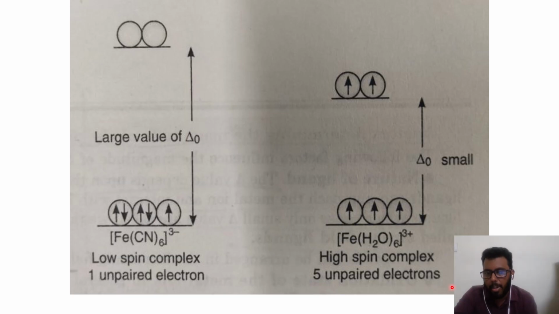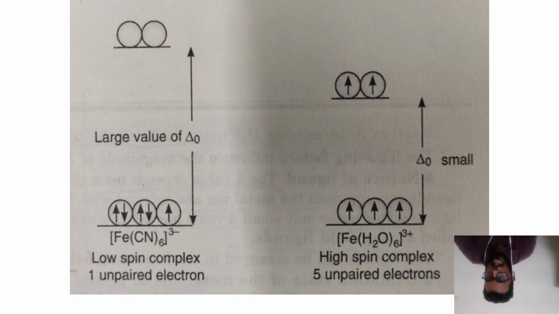Obviously, how many unpaired electrons? 5 unpaired electrons. So obviously, high spin, and this will be low spin. Are you able to follow? Similarly, you can calculate the magnetic moment for this complex. Just count the number of unpaired electrons. There is a formula, mu S is equal to square root of n into n plus 2, where n is the number of unpaired electrons in the complex. That we will see.